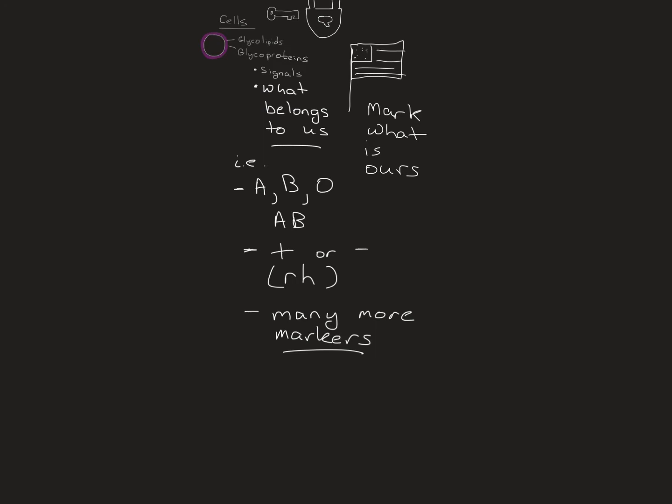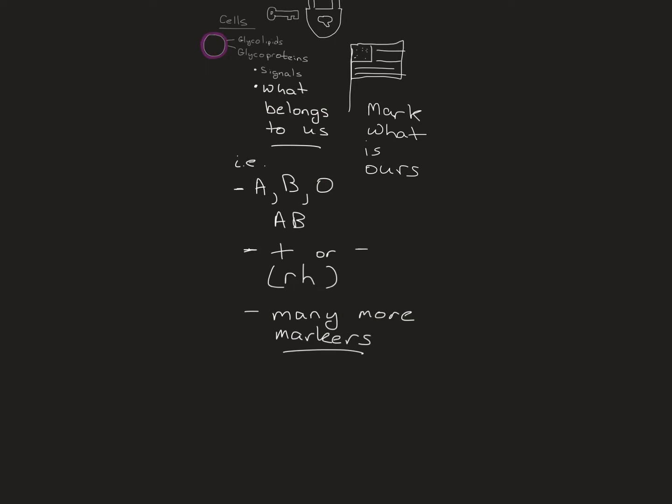So if you're going to get some kind of transplant, you need to have some very similar markers. To get a transplant, they have to test all these different markers on the outside of all your cells. Because if they're different, your cell will say, this doesn't belong to us. We've got to kill it.